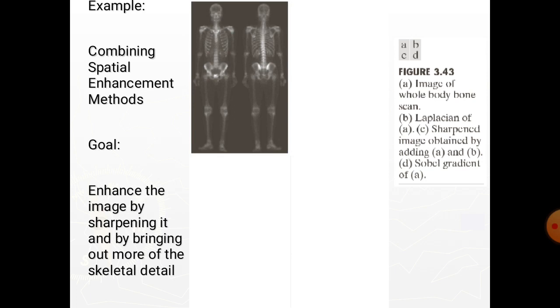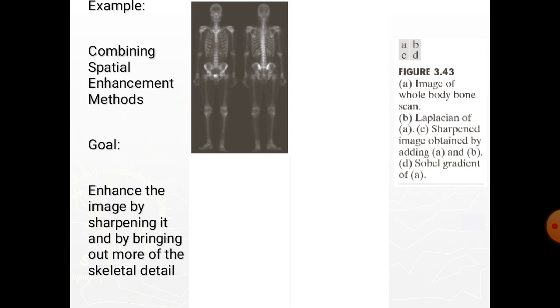In this image, A is a nuclear whole body bone scan used to detect diseases such as bone infection and tumors. Our objective is to enhance this image by sharpening it and by bringing out more of the skeletal detail. The narrow dynamic range of the intensity levels and high noise content make this image difficult to enhance.